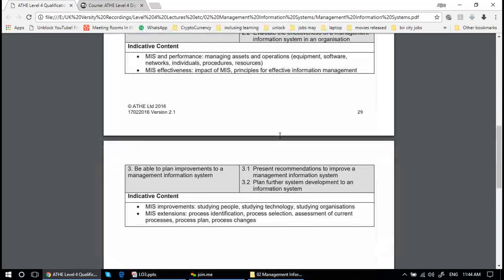In this learning outcome, we want to give some improvements and some extensions to information systems, so that we will be discussing. Assessment criteria 1 is to present recommendations to improve a management information system, and plan further system development to an information system.